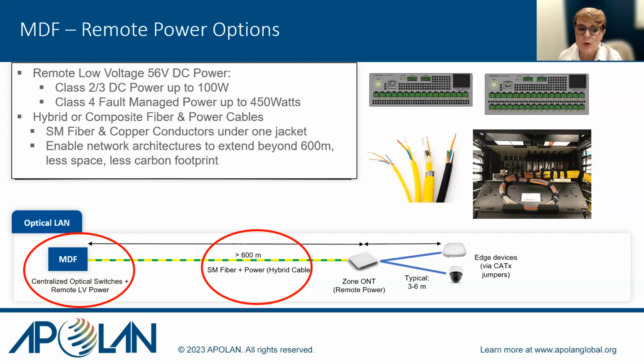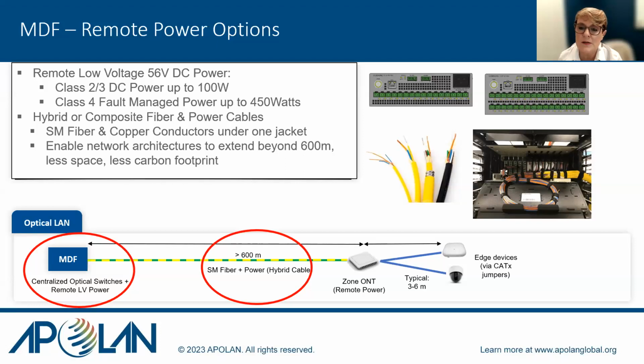So again, you centralize the remote power in the MDF, and then from there you can go with, as I said, this hybrid power and fiber cable, where we can have both copper conductors and single mode fiber under one jacket, which enables you to really extend the architecture up to and even beyond about 600 meters, which again is much longer distances than you have with the traditional sort of copper network that we had.